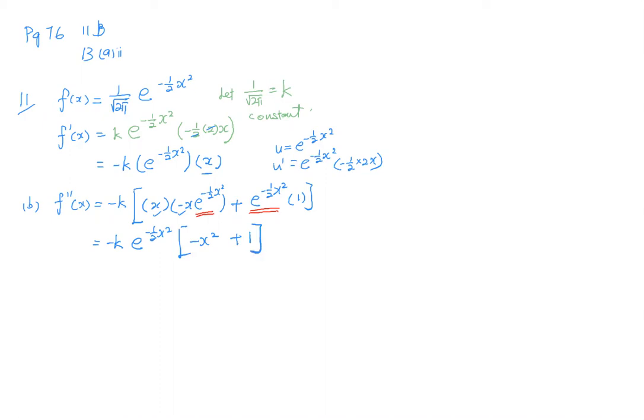Okay, you want to find all the inflection points, correct? So inflection points happen when f double prime x equal to 0. Okay, so this one cannot be 0. Negative k e to the power negative half x squared equal to 0 is impossible.